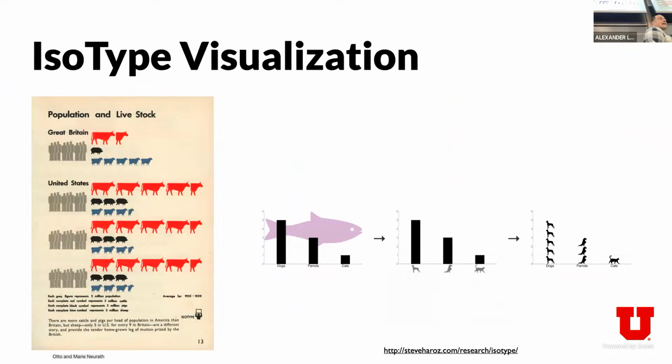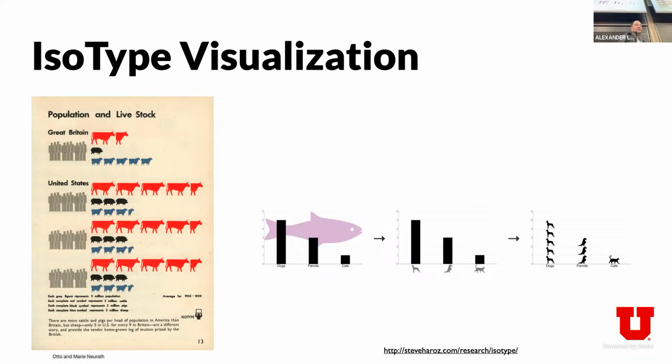Another way to visualize magnitude is what's called isotype visualization. This goes back to a movement in the early 20th century by Otto and Maria Neurath. They were trying to educate the working class about the means of production. And they thought that having very abstract charts and graphs isn't great for people who don't have a lot of visual literacy.